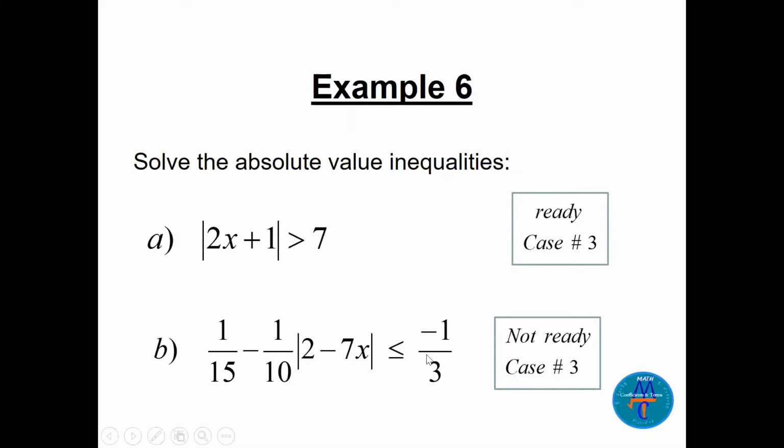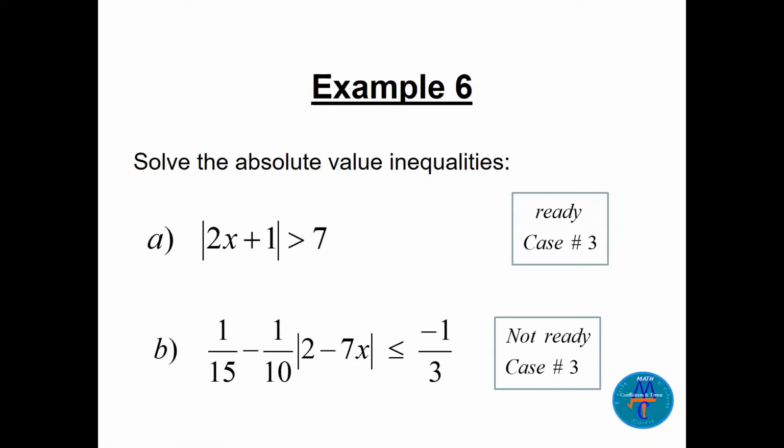But because I put this question, I say not ready, case 3. You cannot say case 3 unless you see it like this one here. So remember, be careful about this case 3. I know it because I put the question, but you have to rearrange it.